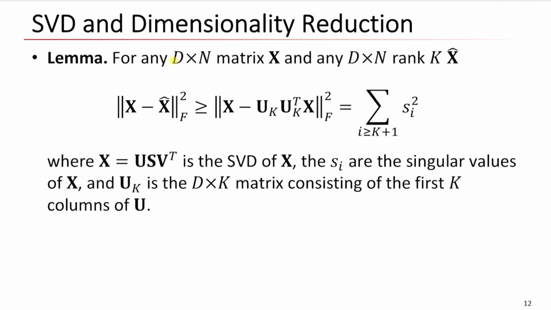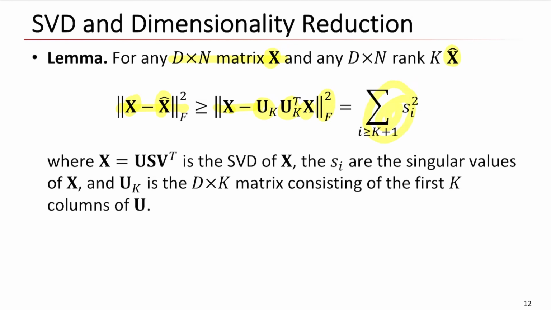For any D by N matrix X and any D by N matrix X hat, the distortion between the original matrix X and the approximated matrix X hat is larger than or equal to X minus Uk Uk transpose X, which is equal to the summation of the si.